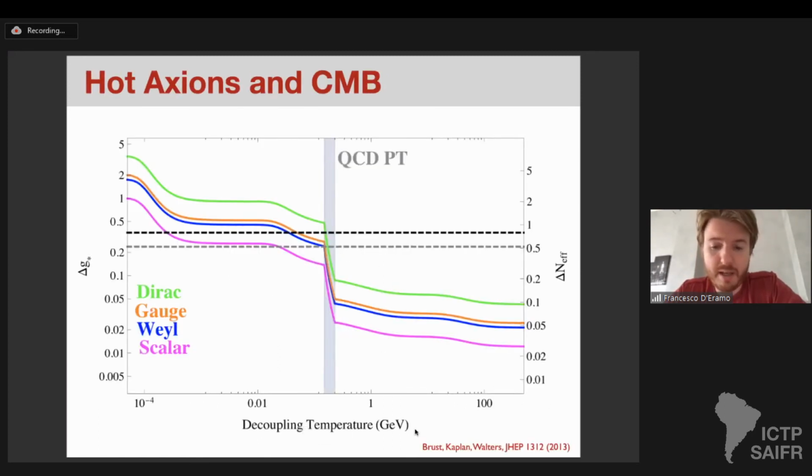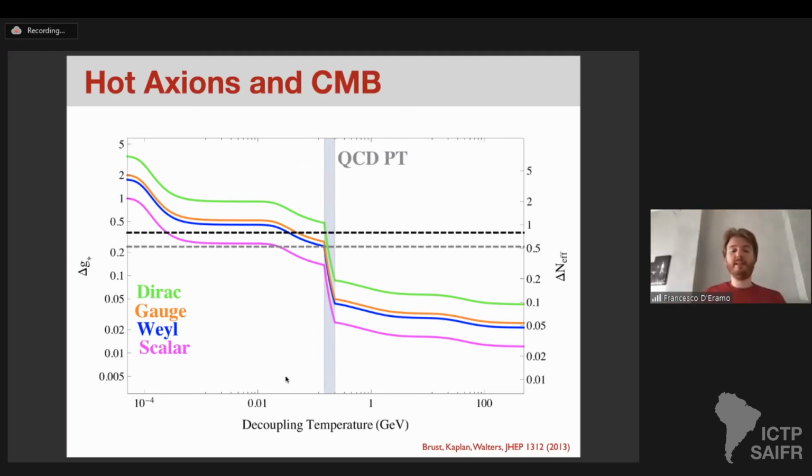Okay, here there is a nice plot where they show you the contribution to delta N effective. You can also phrase this as a contribution to delta g star. There are two axes. I will focus on delta N effective because it's the one I just mentioned. Let's focus on the purple line, which is a scalar, like the axion.